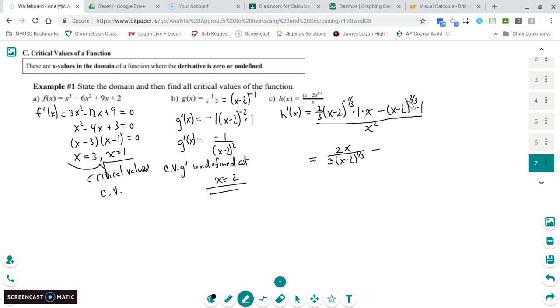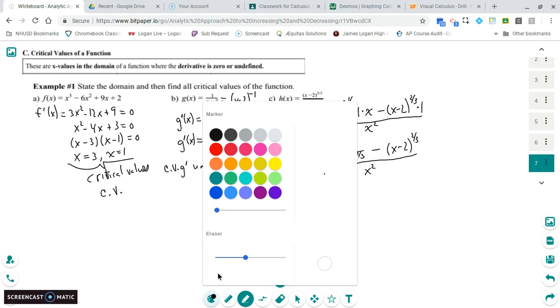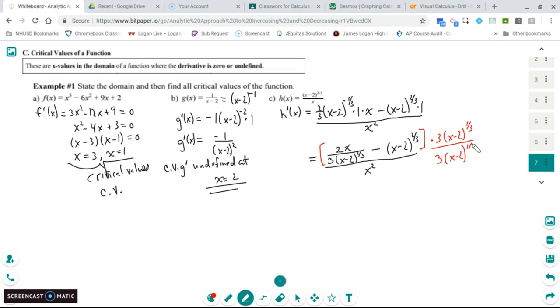And then minus, and then we have x minus 2 to the 2/3, all divided by x squared. All right, so complex fraction, right? So I'm going to need to clean this up a bit. And so I'm going to multiply the numerator by that denominator, which is 3 times x minus 2 to the 1/3. And then I do the same in the denominator, 3 times x minus 2 to the 1/3.